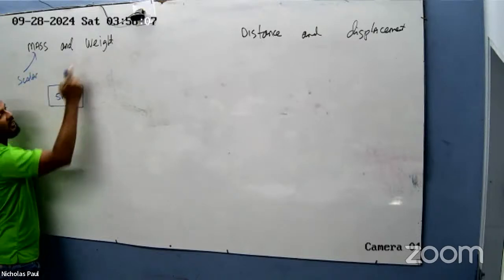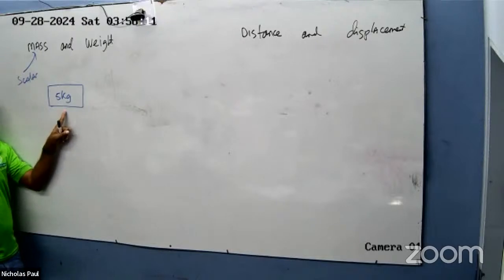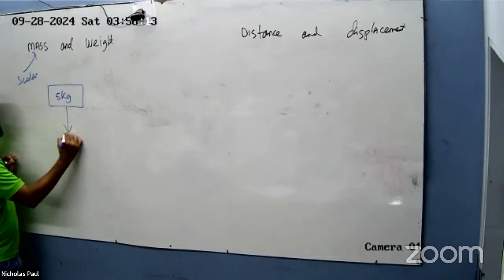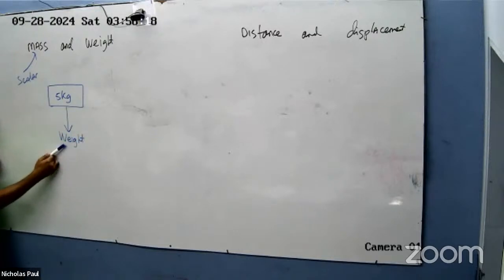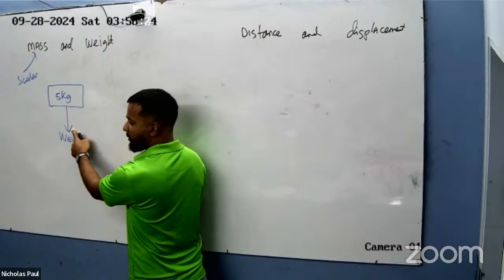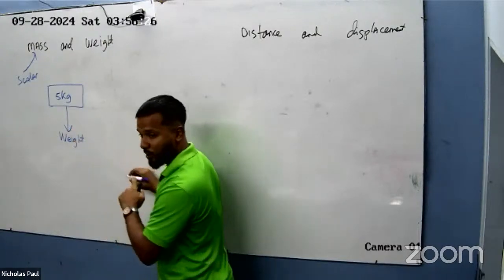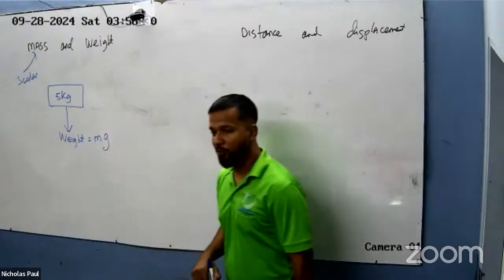On the other hand, if I were to take into account gravity's effect on this mass, what we have is something called the weight. And we know that weight acts vertically downwards. So your weight has direction. And weight is equal to mass by gravity.